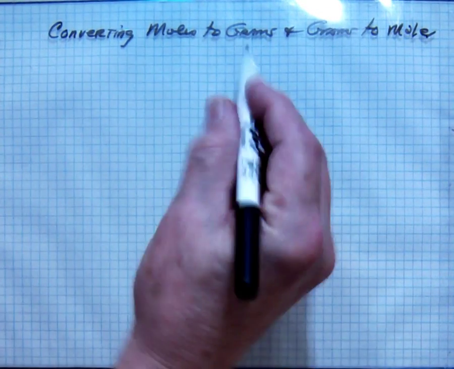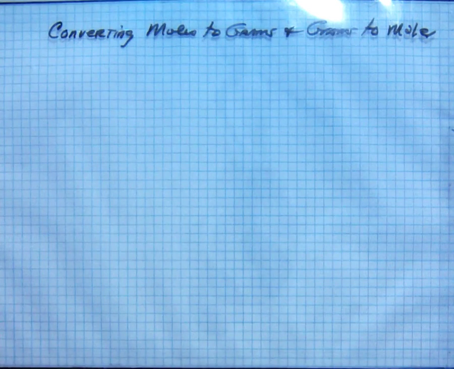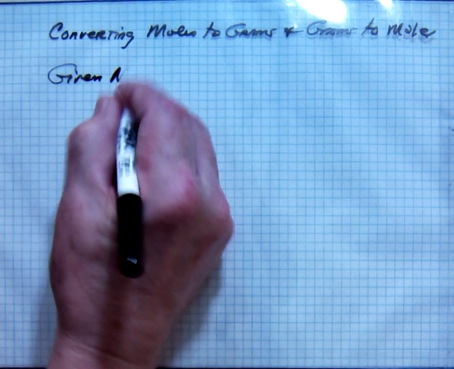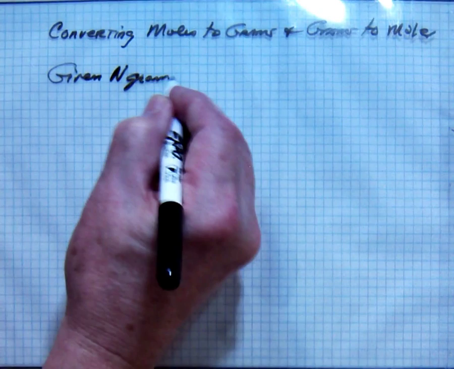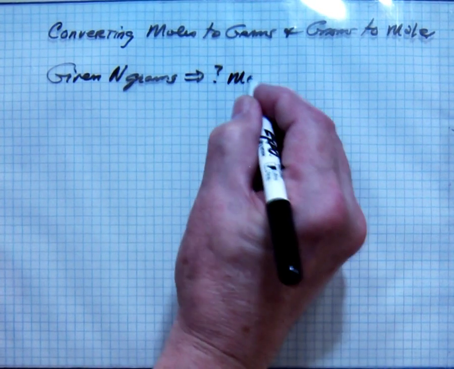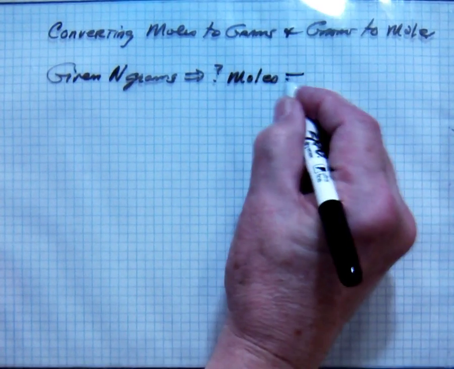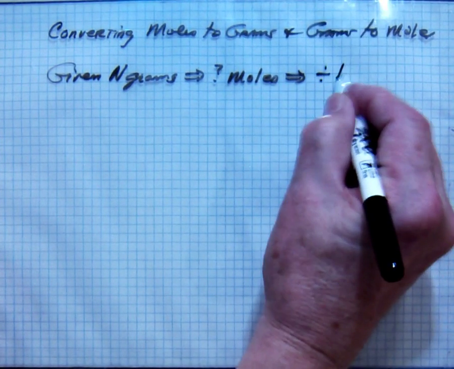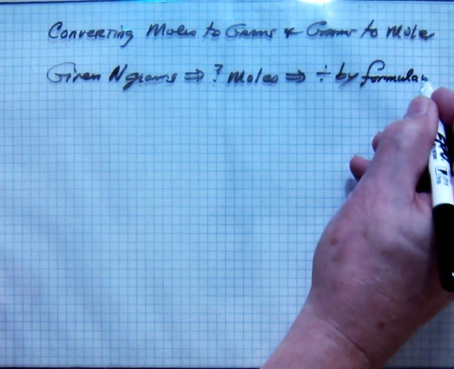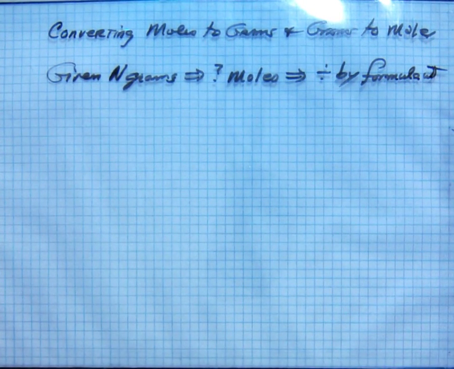So we'll start with the idea of grams going to moles. Given a quantity in grams and asked how many moles, the approach is divide by formula weight. That's the simplicity of it.